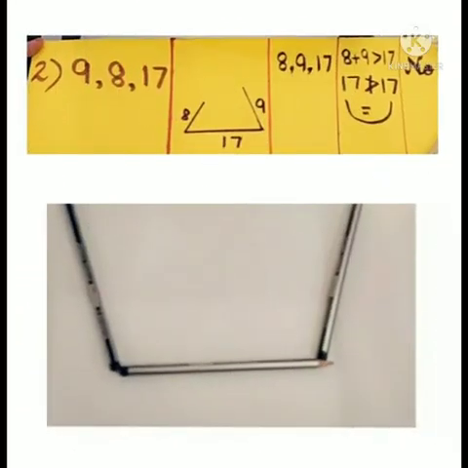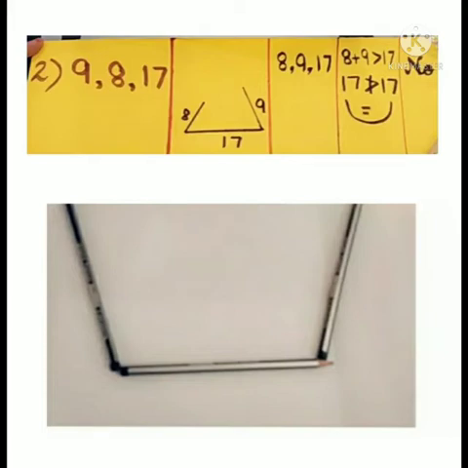And now it's time for the second portion. The second portion gives us the units 9, 8 and 17. And what does it look like? It looks like a half, an improper triangle, but does not look like a triangle, as you can see in this picture. And the increasing order of these numbers is 8, 9 and 17.